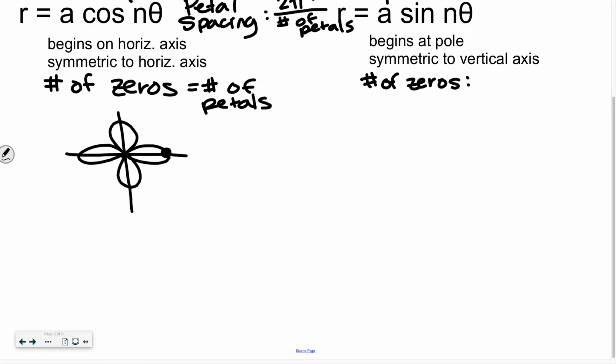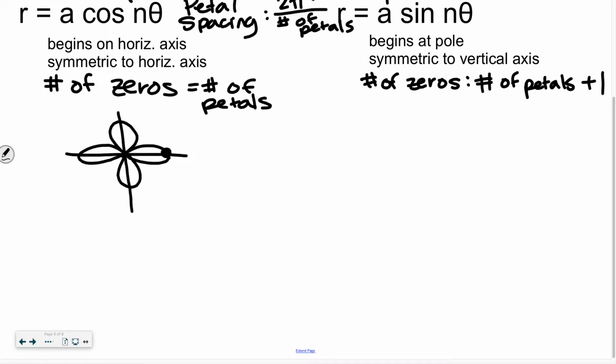If instead of starting out on the horizontal axis you start at the pole, then to close your shape, you have to end at the pole. So you're going to get an extra zero. It's going to be the number of petals plus 1. Which is really the same rule for the circle, right?